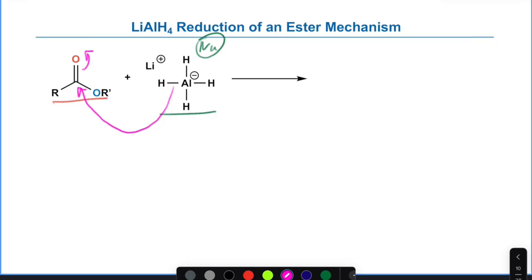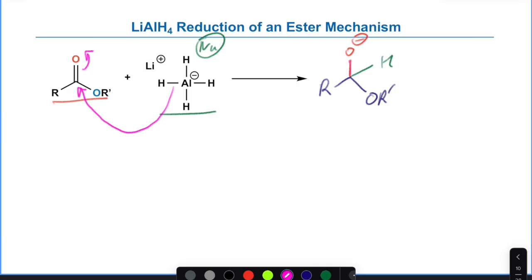Okay, so I do this addition, and I will get a tetrahedral intermediate with O minus and OR prime, and I've now added one equivalent of hydride. What happened to the aluminum, though?